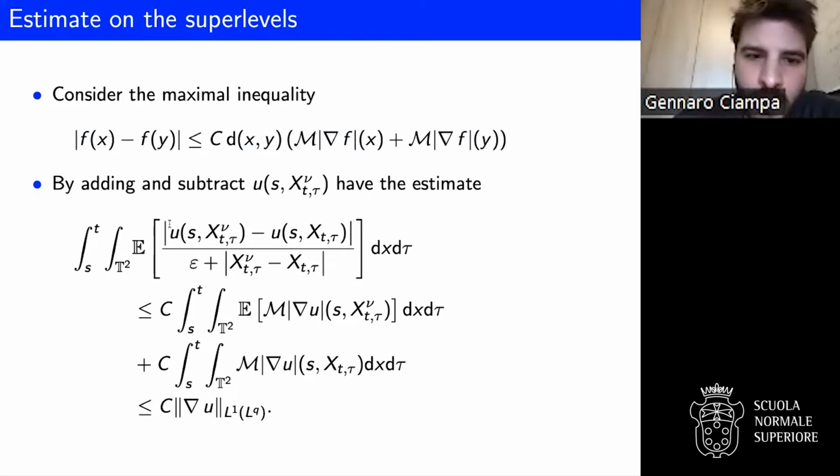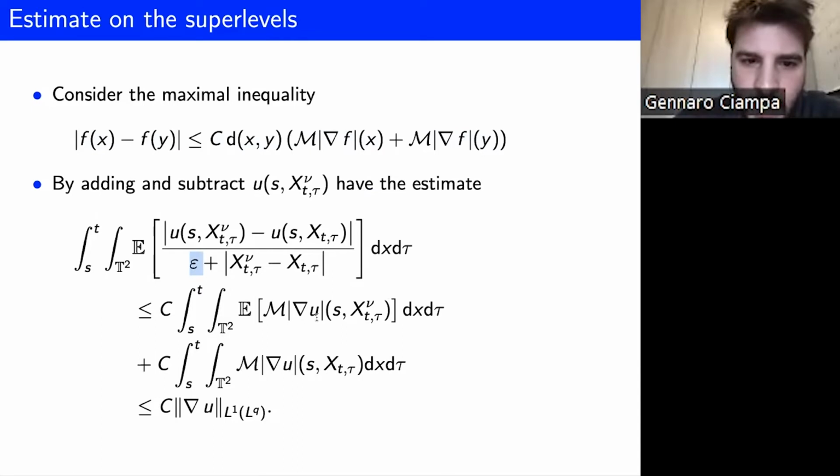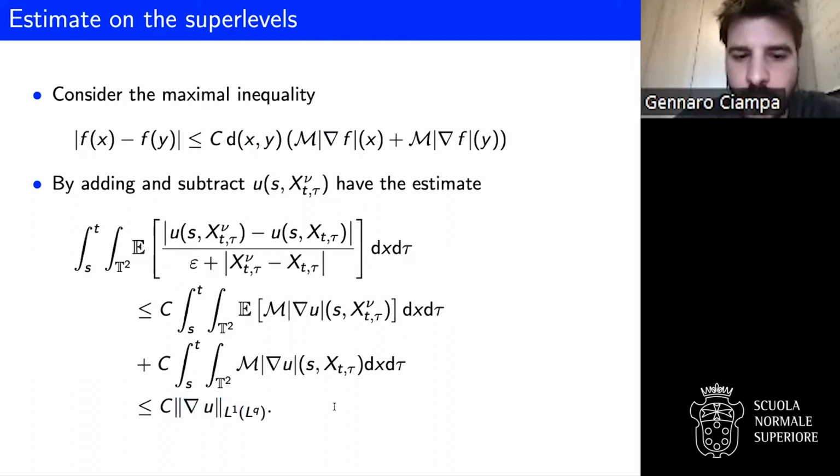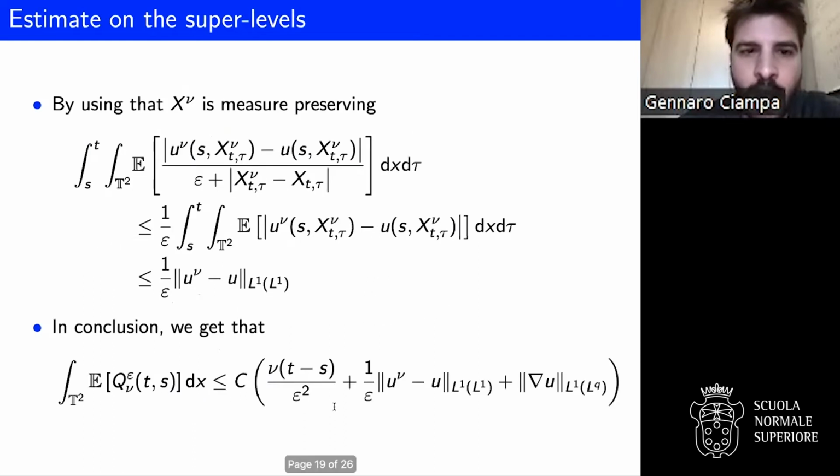So basically, you don't consider epsilon here. You estimate with the maximal function. You use the fact that the flows are measure preserving, and you bound everything with the gradient of the velocity. On the other hand, you can bound this other term by erasing the difference of the flow, so you get the difference of the velocity over epsilon. So what you get in the end is this inequality here.